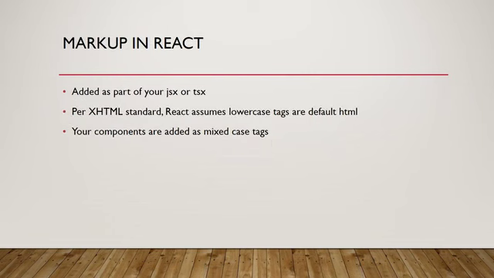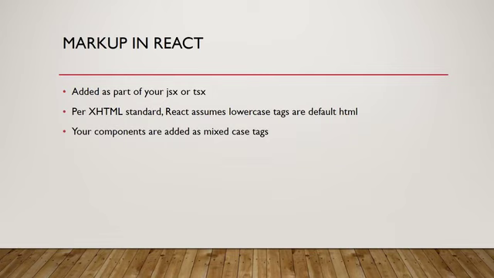Now, as we said, your UI layout and your UI logic are very tightly coupled. And the reason is React is using the concept of a JSX, or for us, since we're going to be using TypeScript, a TSX file. Really, it's just JavaScript and XML is what that stands for, or TypeScript and XML. But that's where we're going to be putting in our markup.